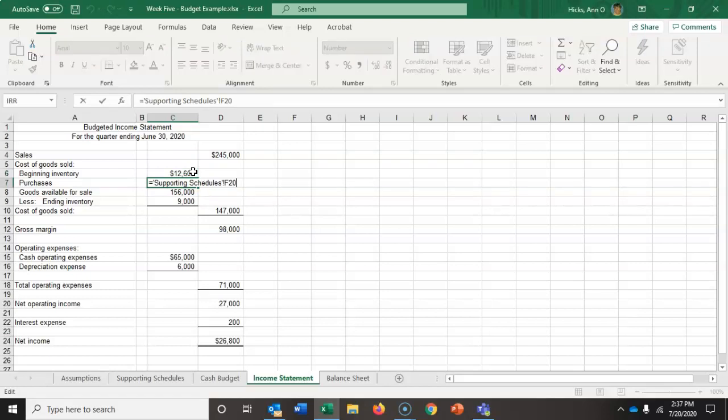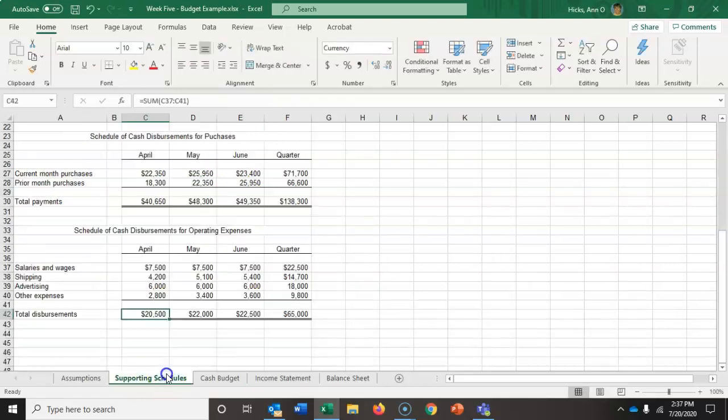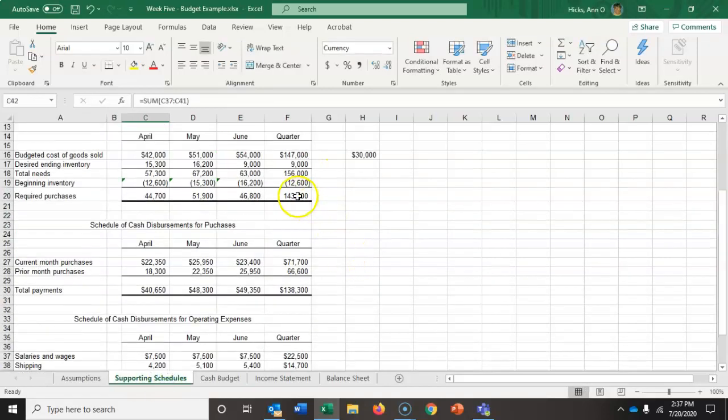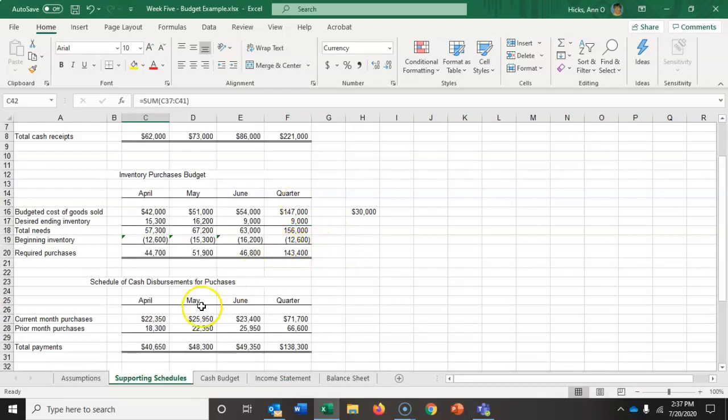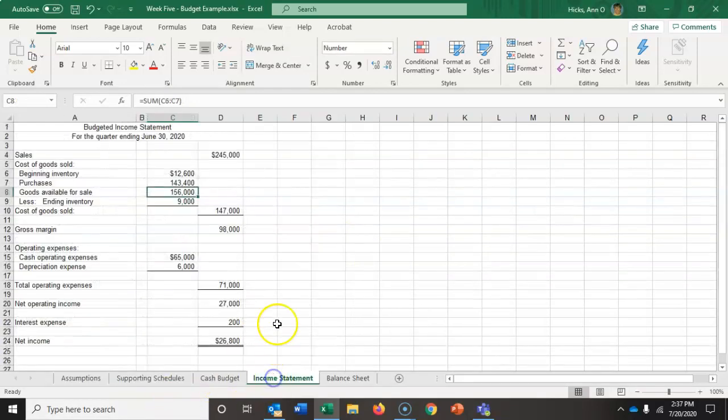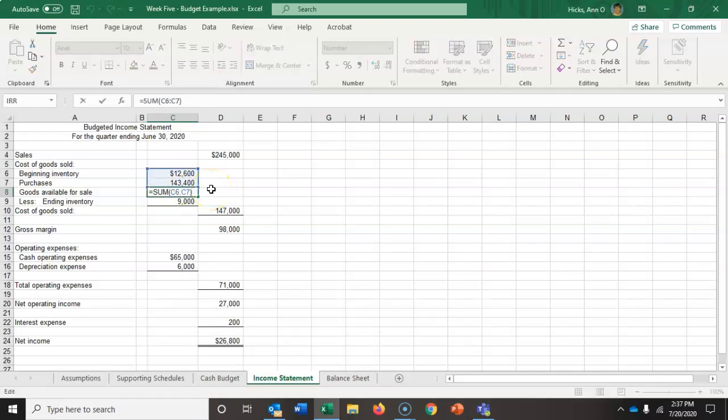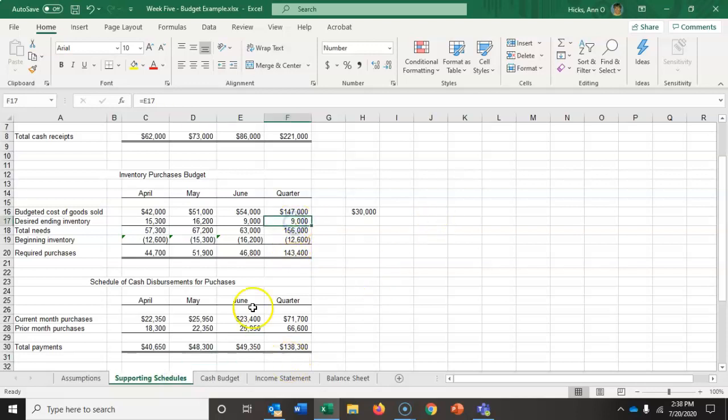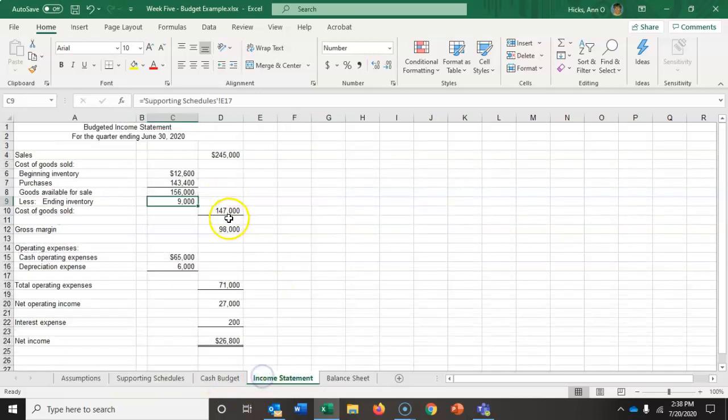The purchases came from our supporting schedule. Right here, the 143.4. Goods, and that goods available for sale is just the sum of those two. We subtract out our ending inventory, which is also from the supporting schedule page. It's right there. And that gives us our cost of goods sold.